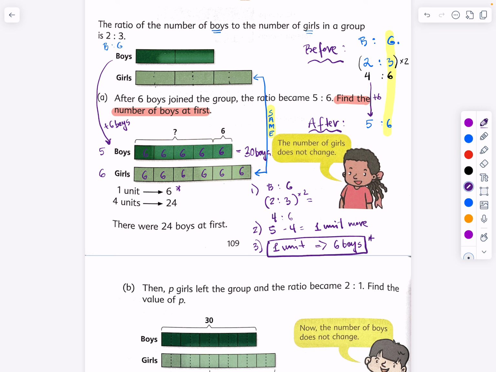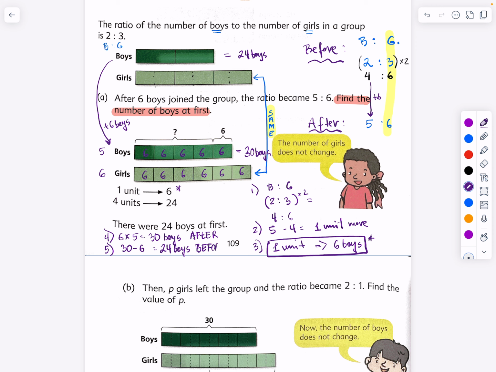Therefore, before 6 joined, we had 24 boys, right? So we can say step 4, 6 times 5 equals 30 boys after. And step 5, 30 minus 6 equals 24 boys before.